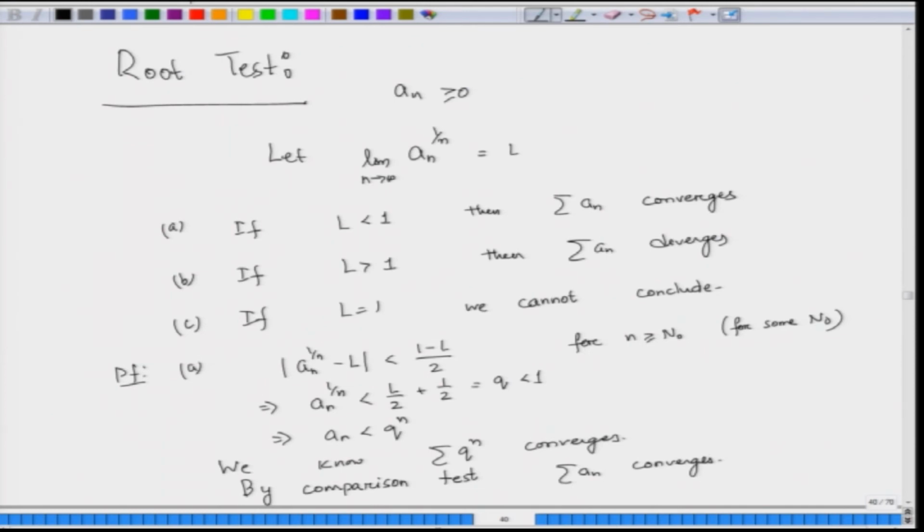Remember that here there is a little abuse of notation. This is all after n_0. Again, there is an infinite series, and before that there are finite terms. Finite terms are not going to hamper anything; they never contribute anything towards the convergence or the divergence of the series.